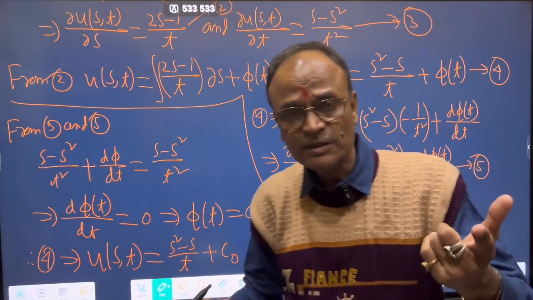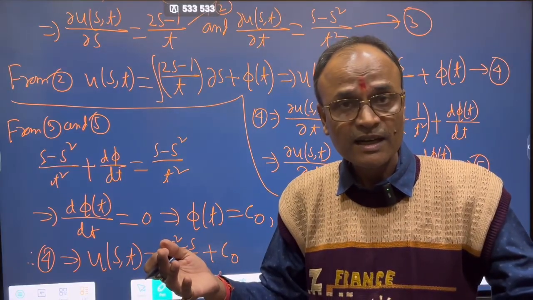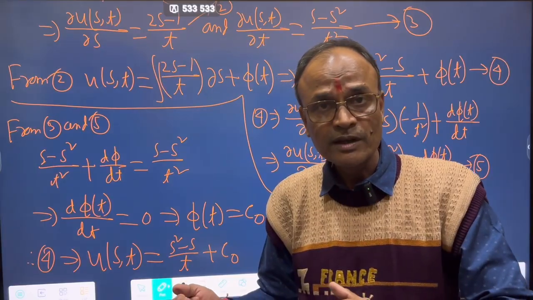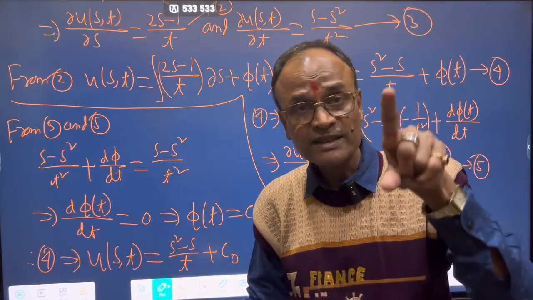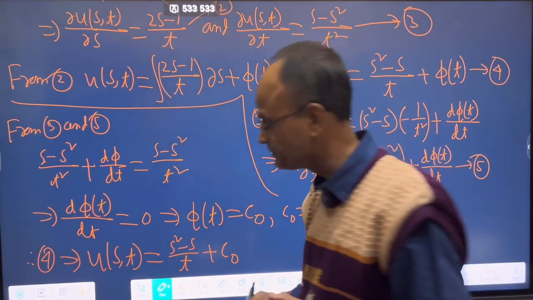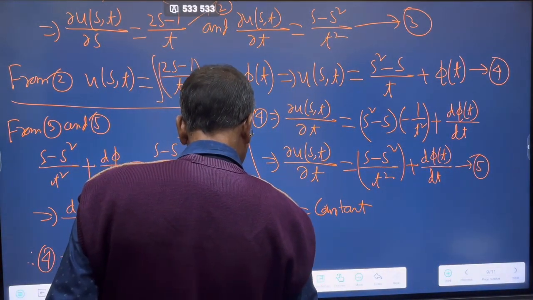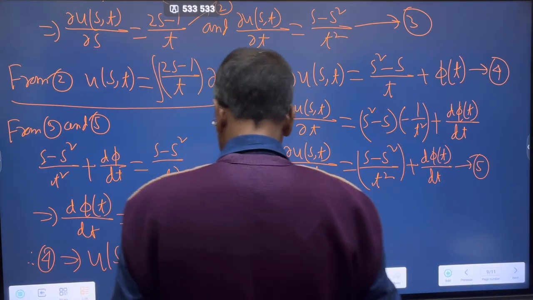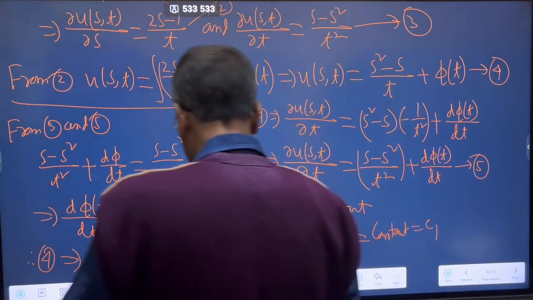Since this differential equation m ds plus n dt equal to 0 is exact, m ds plus n dt equal to du. The differential equation becomes du equal to 0, means u equal to constant is the solution. Solution of 1 is u of s and t equal to constant, say c1.